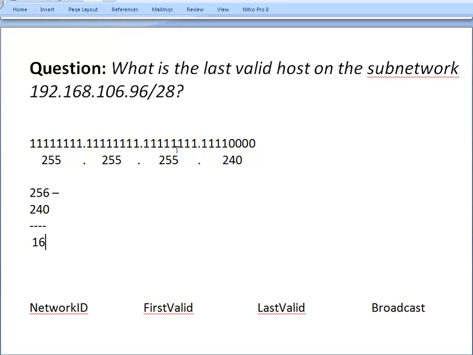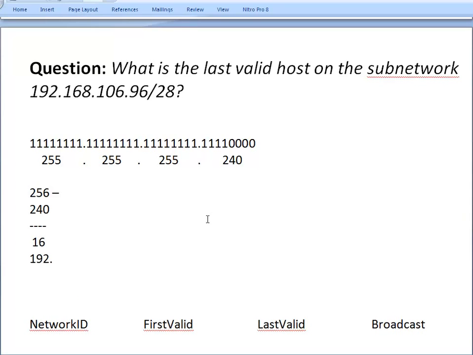And it's on the 4th octet. We put 192.168.106.0 first, and we're going to increment every time with our magic number.